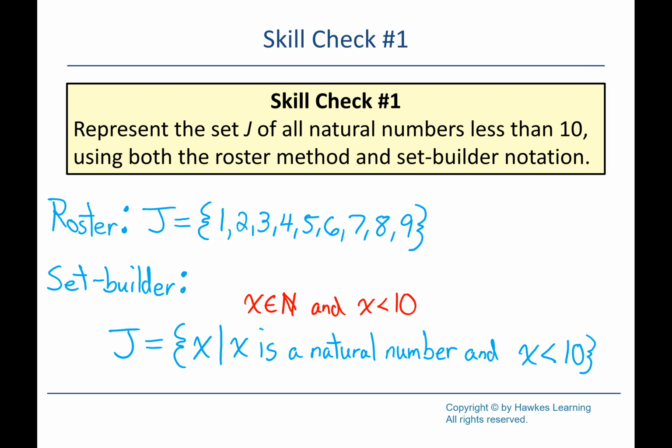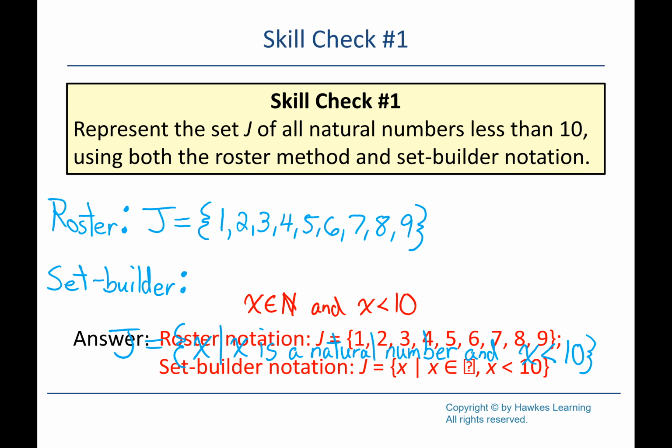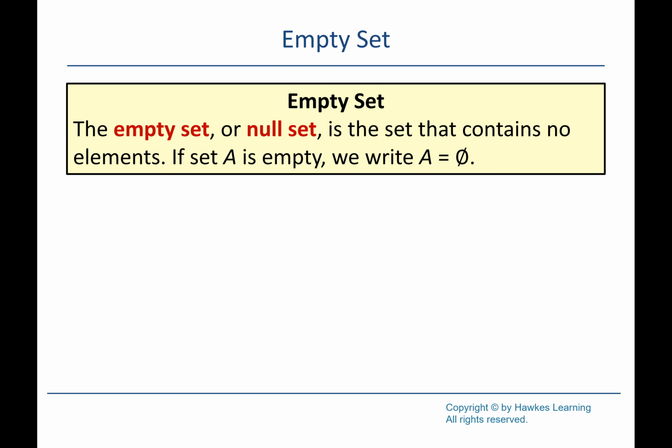Next up, we have two special sets we need to talk about. These have a special place. The first one is the set that has nothing in it, what we call the empty set, or the null set. You'll hear it called the null set sometimes.